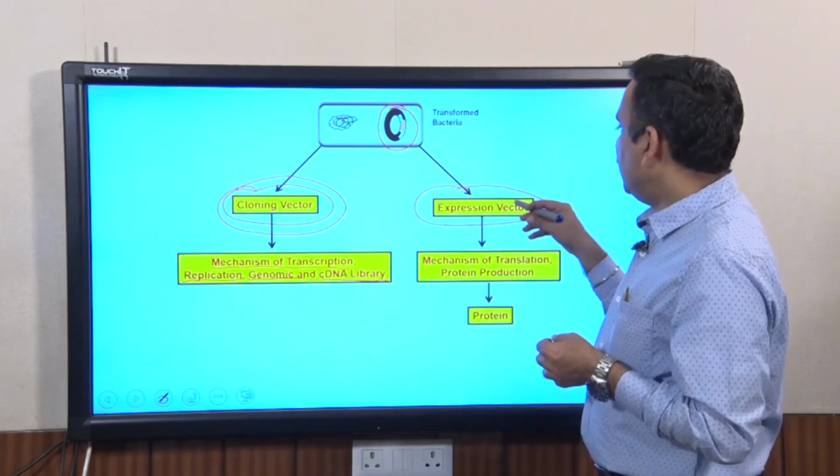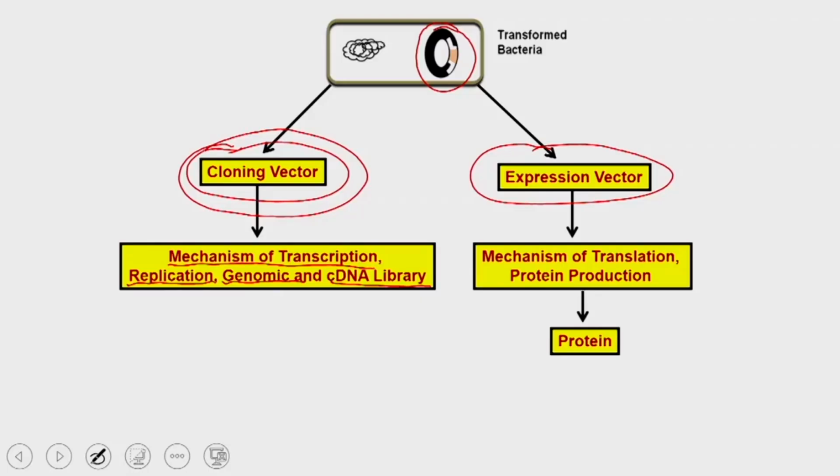Now, coming to a transformed host containing the expression vector. In this case, you can use the transformed host for addressing the mechanism of translation, or for protein production.